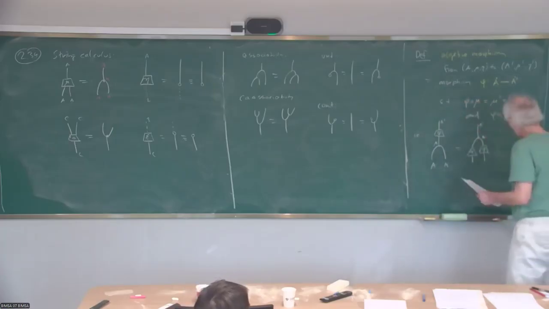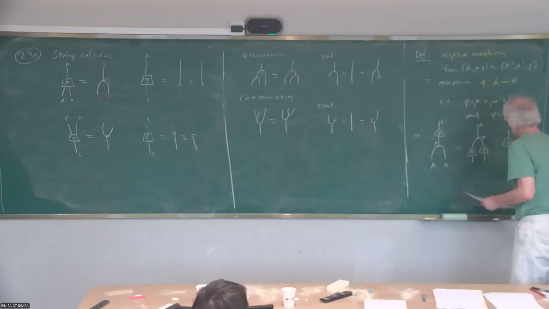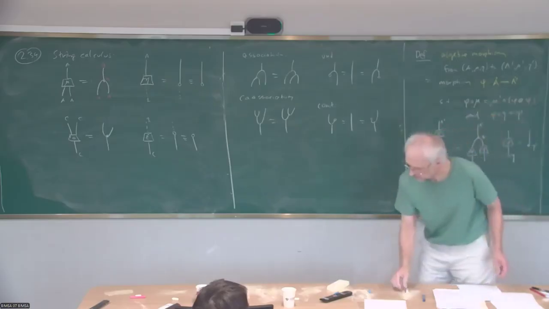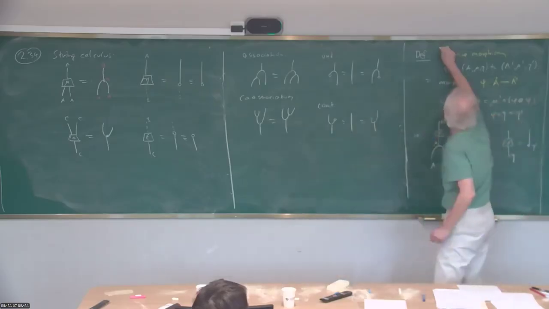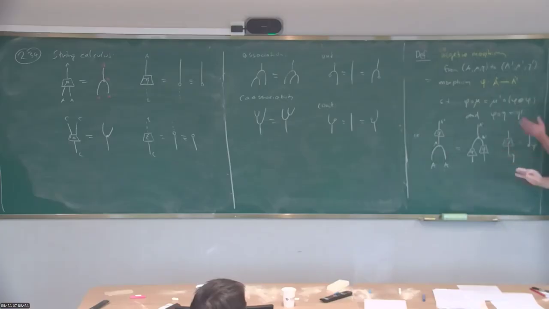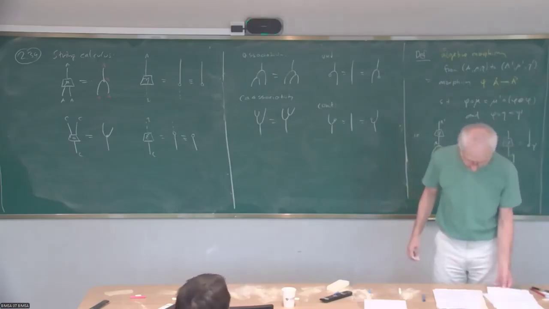And this one, where I have eta here, is the same as eta'. And then analogously, you can define a co-algebra morphism between co-algebras by similar formulas, which when expressed in graphical terms are just given by vertically reflecting the pictures.